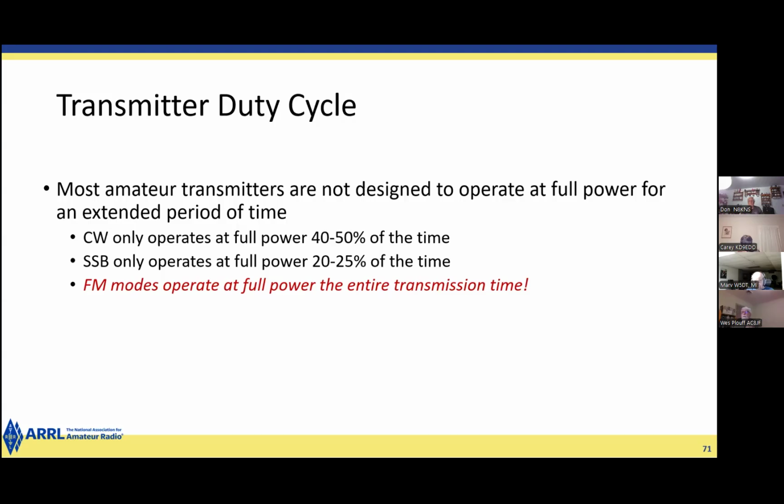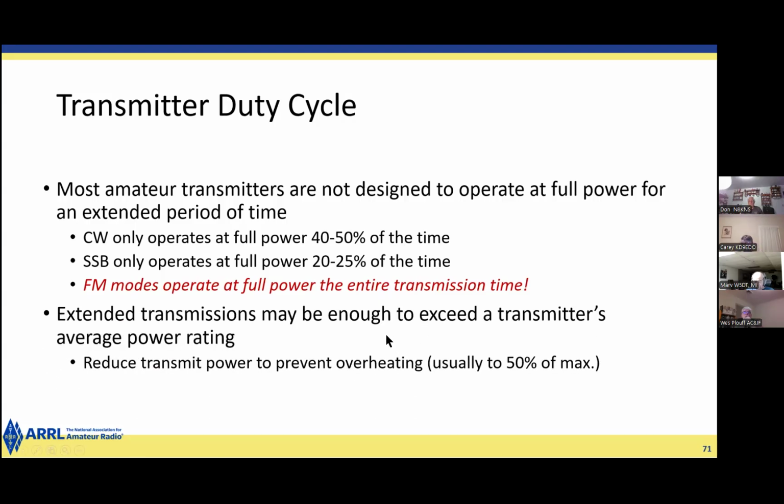That's because the output of an FM transmitter is modulated by changing the frequency and not the amplitude, whereas with AM and single sideband and CW, you're changing the amplitude, or in other words, the strength of the signal. So because HF transmitters are not usually designed to run at full power all of the time, you have to watch out.